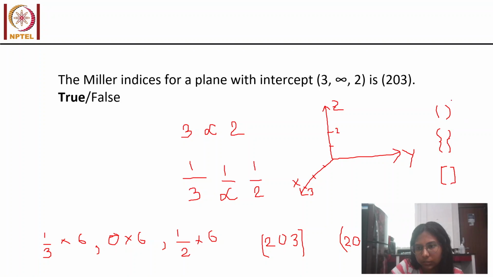This one is used to designate planes, this is used to designate a family of planes, like equivalent planes, and this is used for directions.